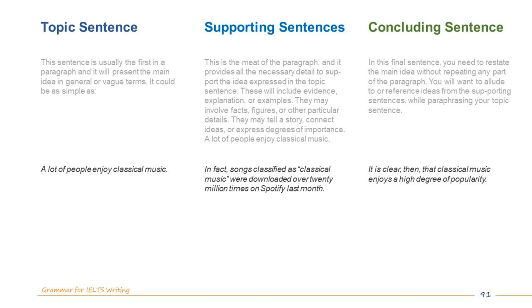They may tell a story, connect ideas, or express degrees of importance. Following on from our previous example topic sentence, I might say, in fact, songs classified as classical music were downloaded over 20 million times on Spotify last month.